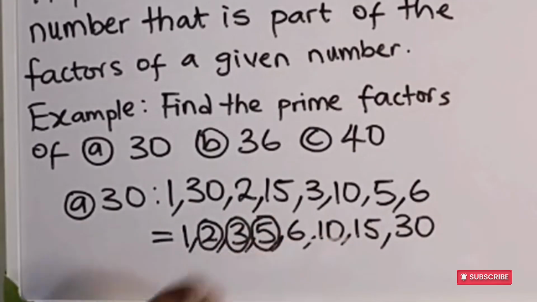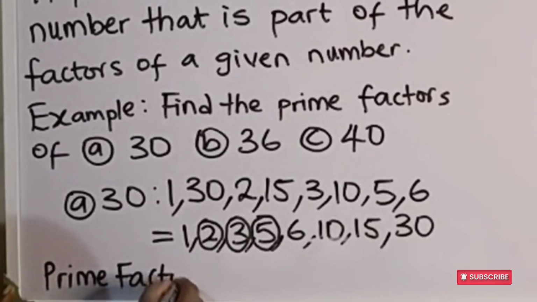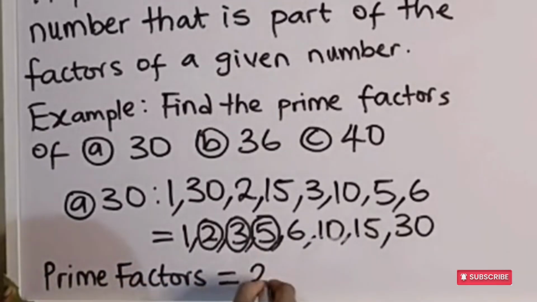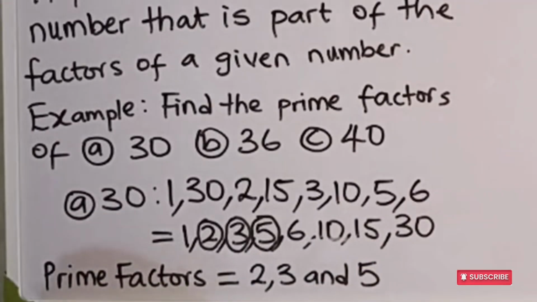So these three values are prime numbers. Therefore, the prime factors are 2, 3, and 5. These are the prime factors of 30.